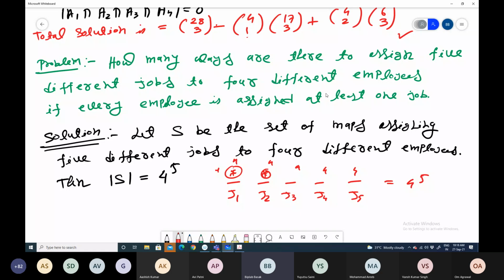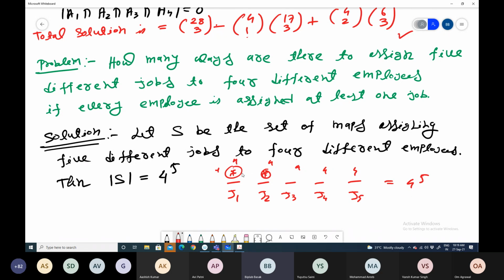Okay, so this is the reason. These are the places J1, J2, up to J5, and each place will be filled by only one person. So J1 has 4 choices, and so does each of the others. Therefore we have 4 to the power 5 choices.